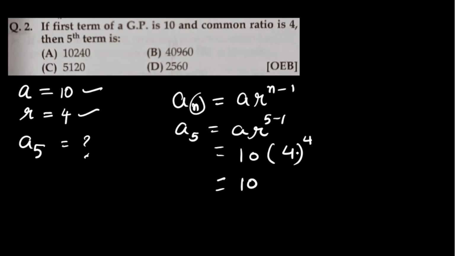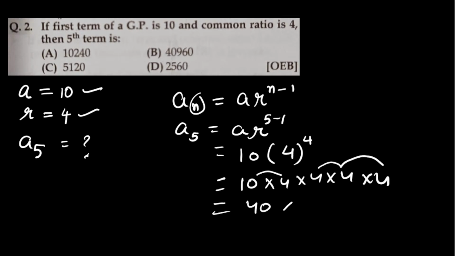Now 10, 4 to the power 4 is 4 into 4 into 4 into 4. So 4 times we'll multiply. Let us multiply now. 10 into 4 is 40. Then 4 into 4 is 16. 16 into 4 is 64.